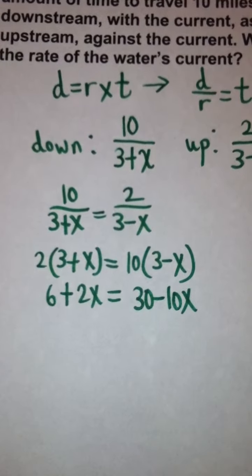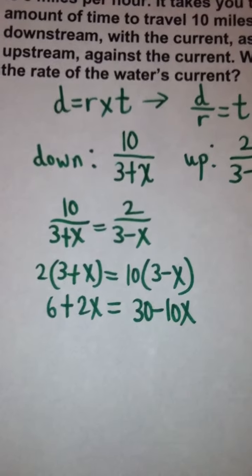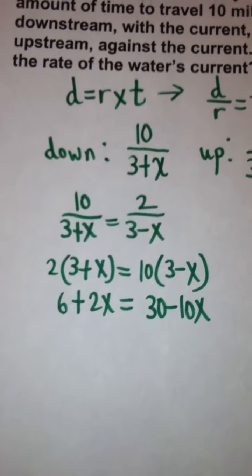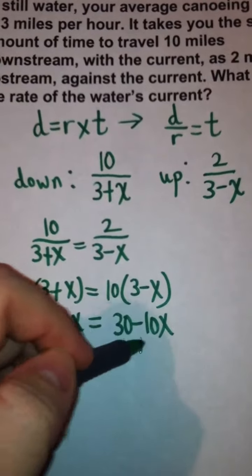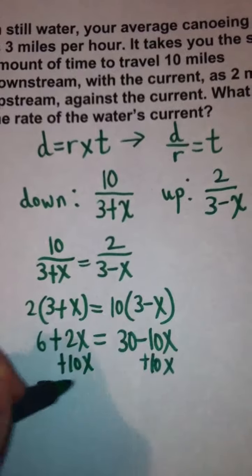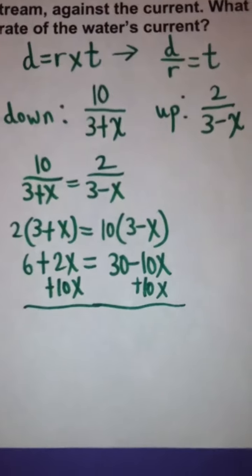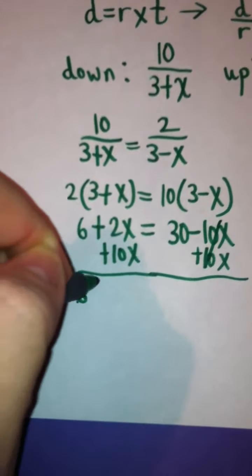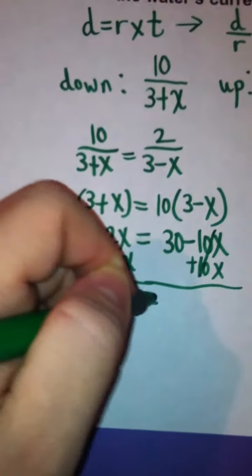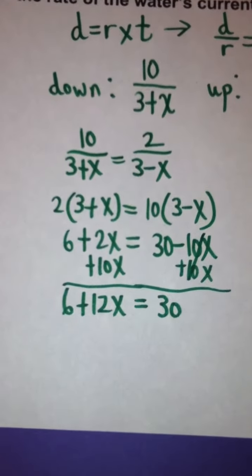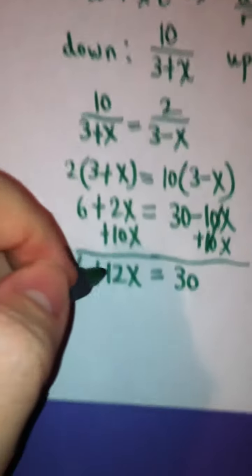We need to solve for x. You can move the x on the left or the right-hand side. It's up to you. I added 10x to both sides. So that will give us 6 plus 12x equal to 30. At this stage, subtract 6 from both sides.